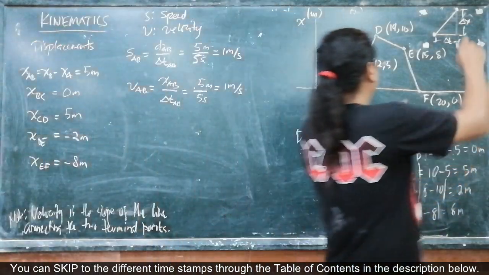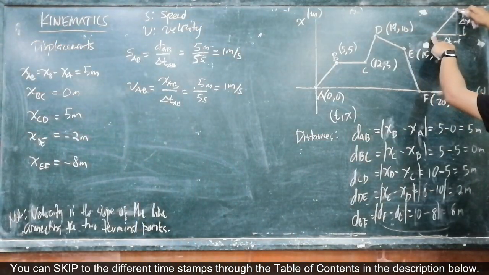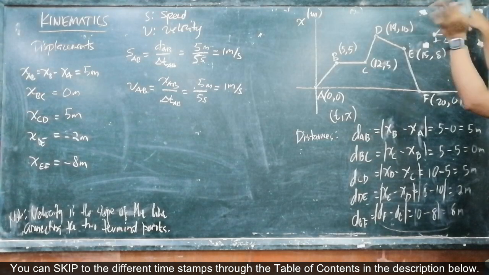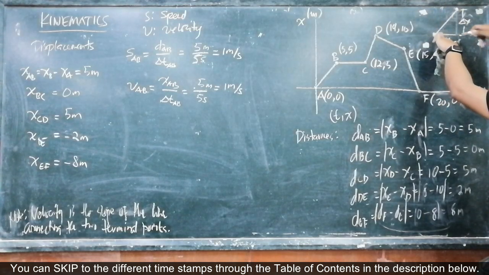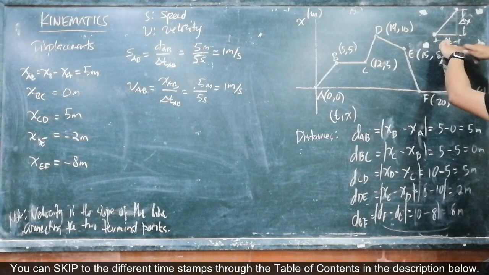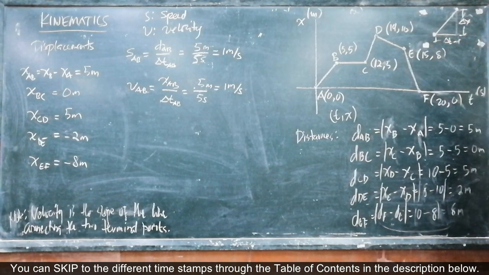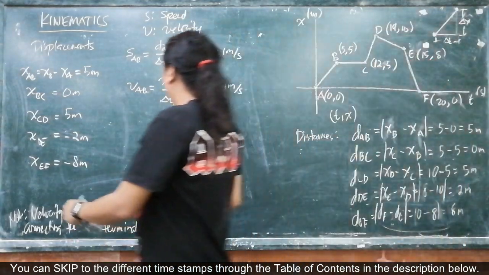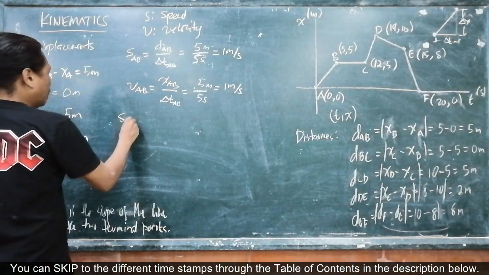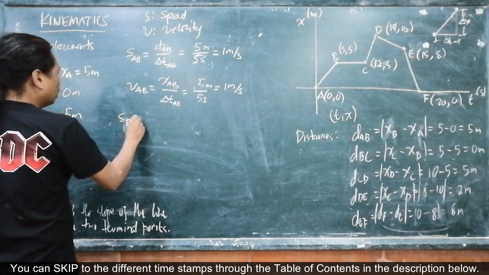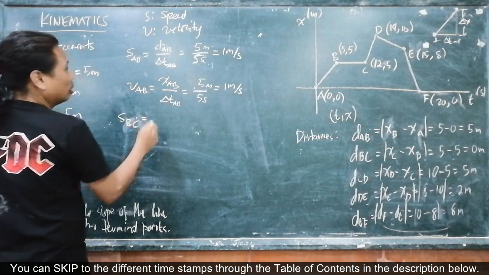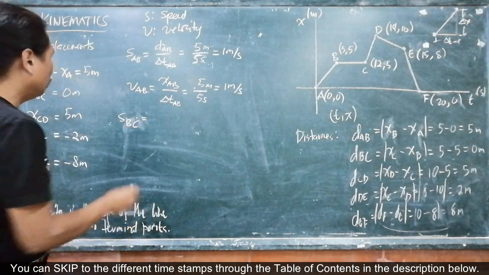Okay? Like this one. If you have point 1 and point 2, the slope of that was delta y over delta x, right? In the Cartesian plane. So in this case, our x is t and our y is x. So you have delta x over delta t. Okay? Now you can calculate SAB, SBC to be what? 0.